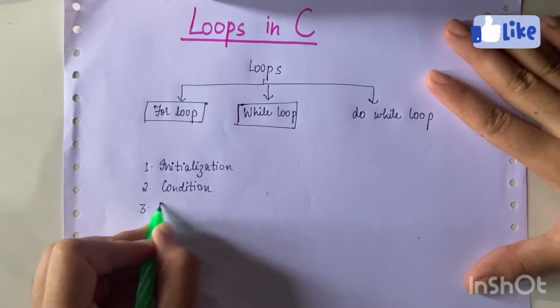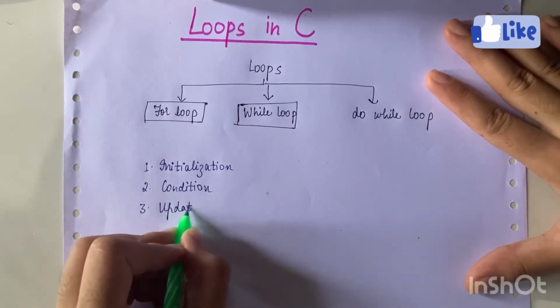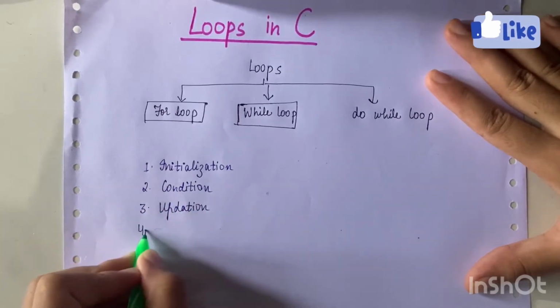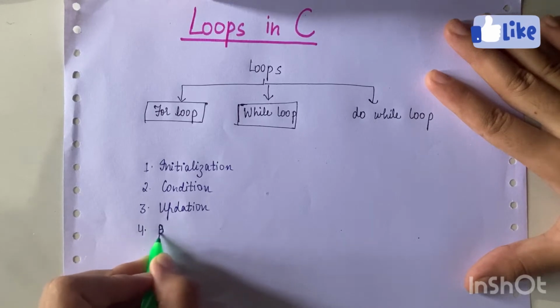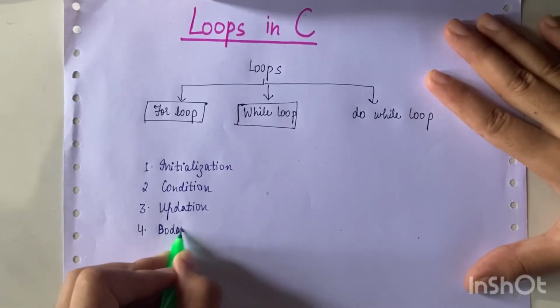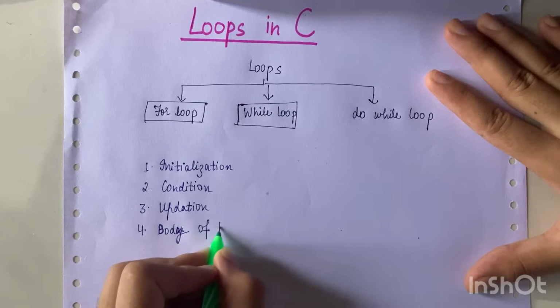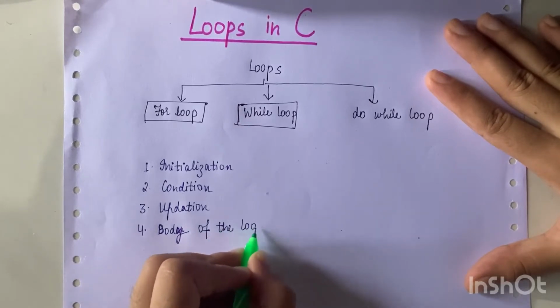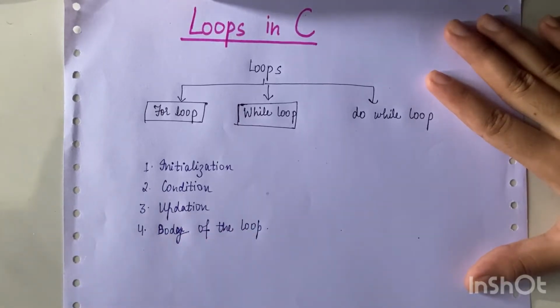The third is updation. And the fourth is the body of the loop. So these are the 4 things that a loop consists of.